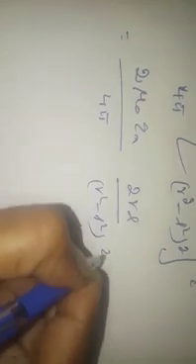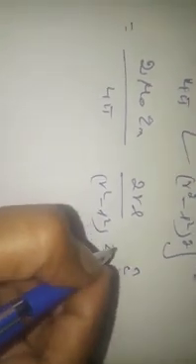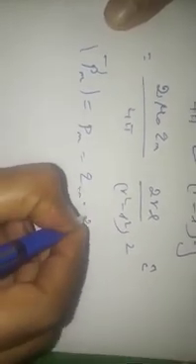So 4rL can be written as 2 mu naught Qm by 4 pi, here 2rL divided by (r square minus L square) the whole square into i cap. We know that the magnitude of the dipole moment Pm is equal to simply Qm into 2L.